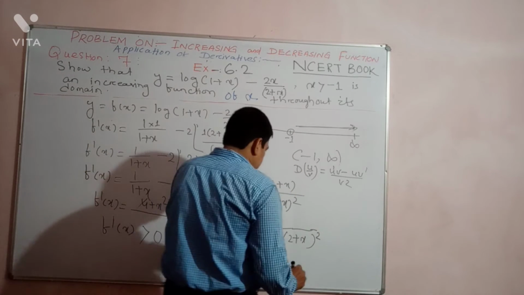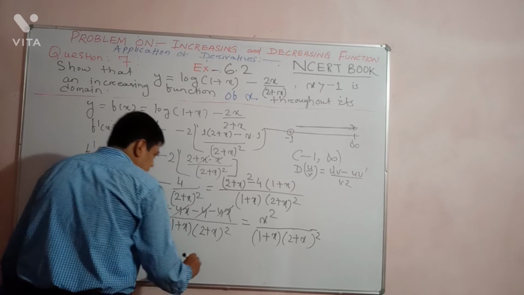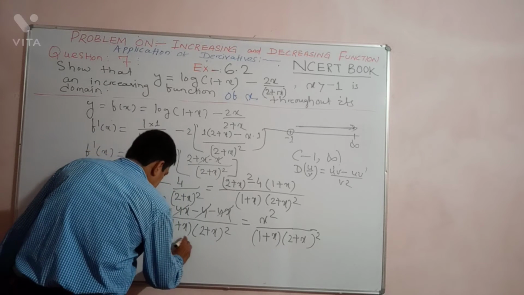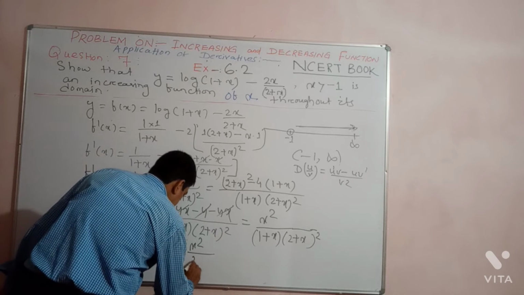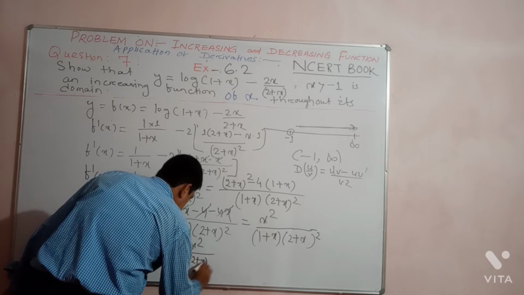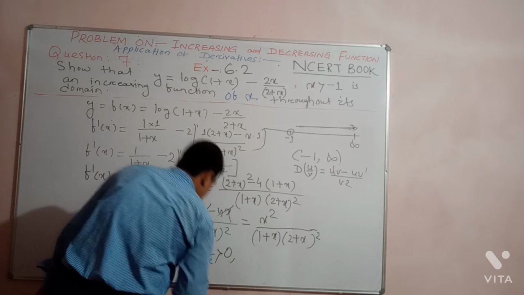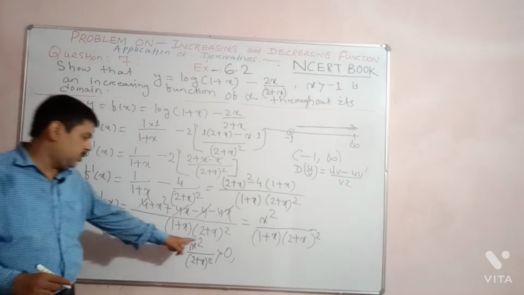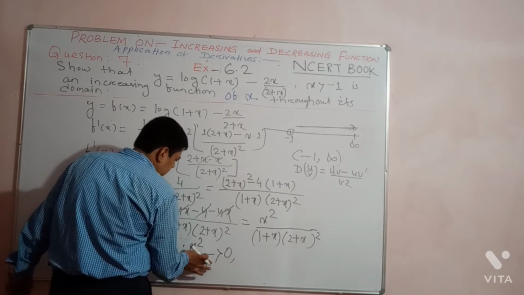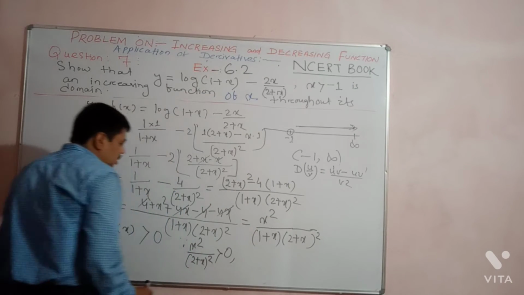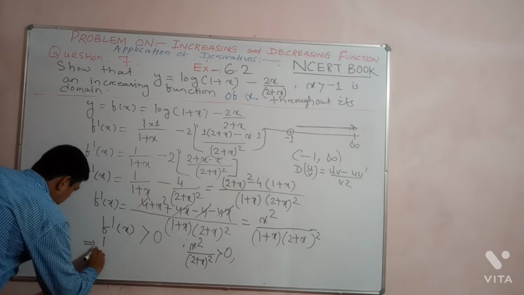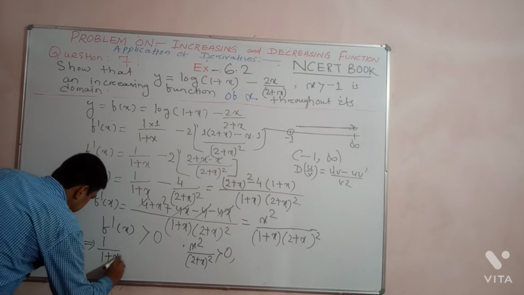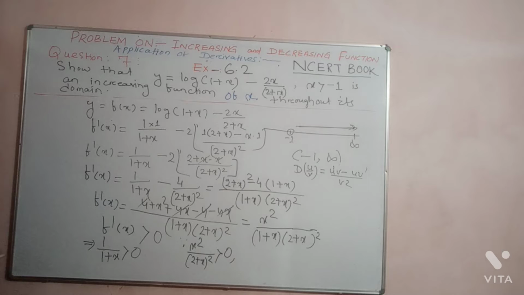Here x square divided by (2 plus x) square is always greater than 0, because the power of 2 is even. Here (2 plus x) square, here the power is also even, so the value is always greater than 0. That implies 1 divided by (1 plus x) is greater than 0.